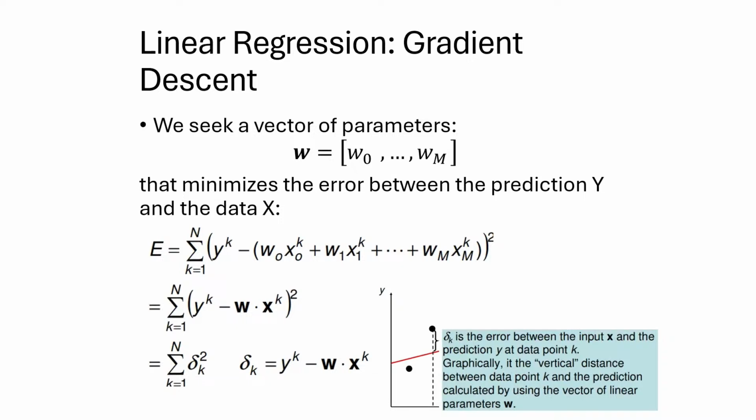We calculate the difference between the expected and the predicted output. That's why it is called supervised learning. So we have the expected output and we have the current output the model predicts. There is a difference between the prediction and the expected outcome.